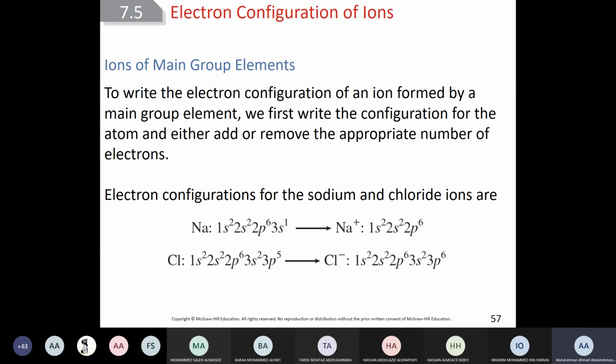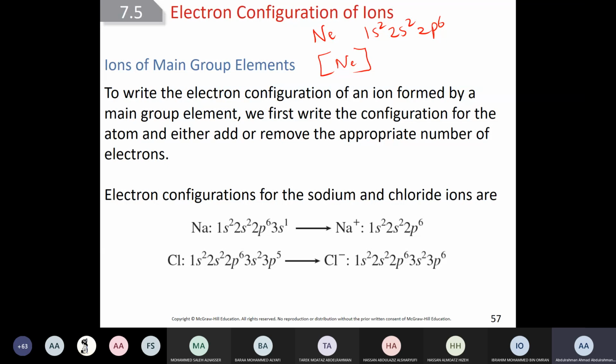Okay, I can write the structure of the neon, which is 1s2, 2s2, 2p6. And then instead of writing this whole structure, I will write the structure as [Ne] like this.